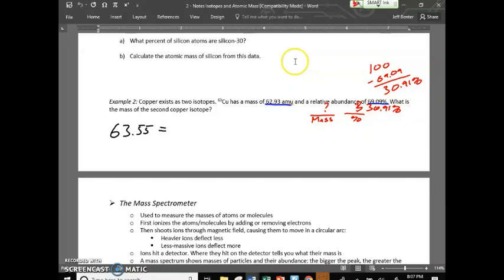That is going to be equal to the mass of the first one, 62.93, times its percentage, 0.6909. And then we're going to add to that the mass of the second one, which we don't know. We'll just call that x, multiplied by its percentage of 0.3091. And then we solve for x and see what we get. Right.